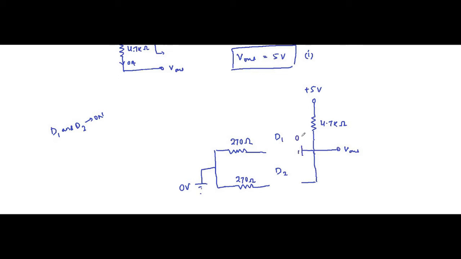So 0.6 volt and forward resistance of 35 ohm. Then again the same here, 35 ohm forward resistance and built-in potential of 0.6 volt.